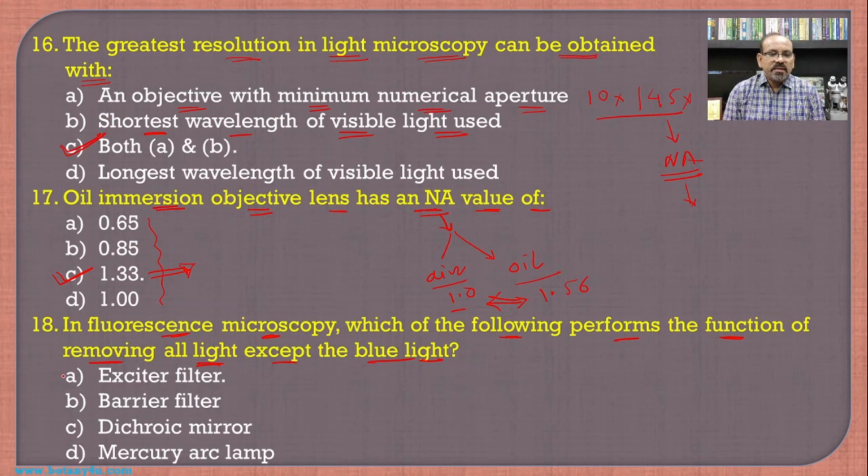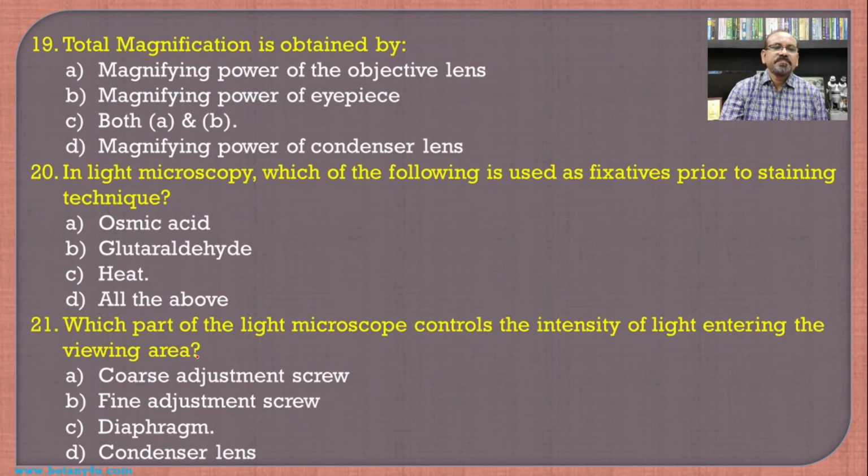So here the exciter filter is responsible for removing all the light except the blue light, because if we see this blue light in the fluorescent microscopy, then it is avoided by the barrier filter, and hence the rest of the filters are not allowing the blue light, and the exciter filter is responsible to allow the blue light except the rest of the light, and hence it is the answer for this question.